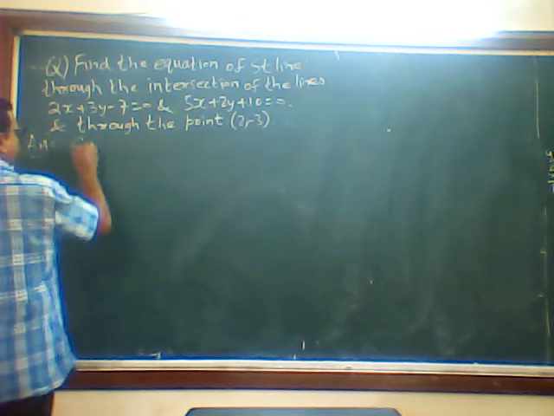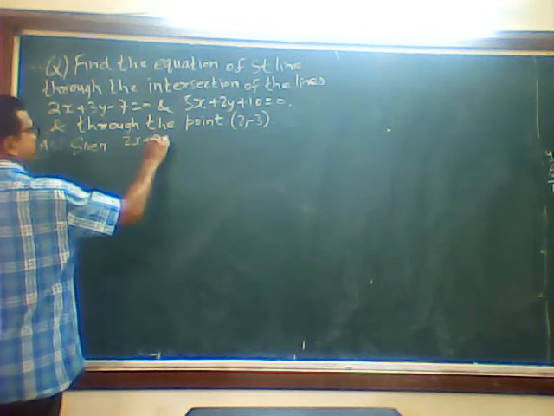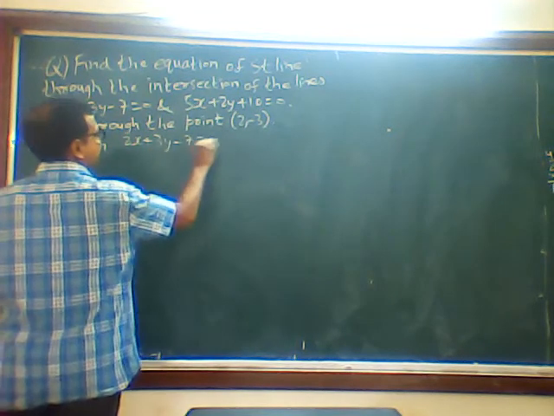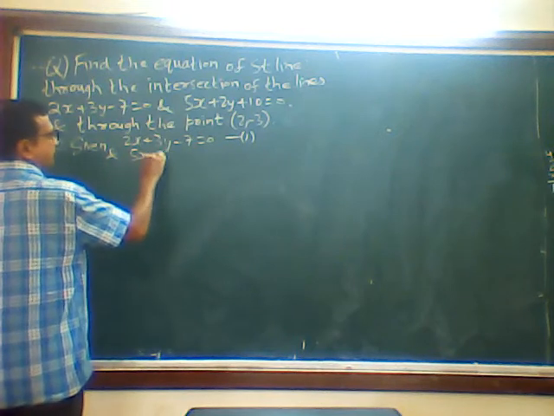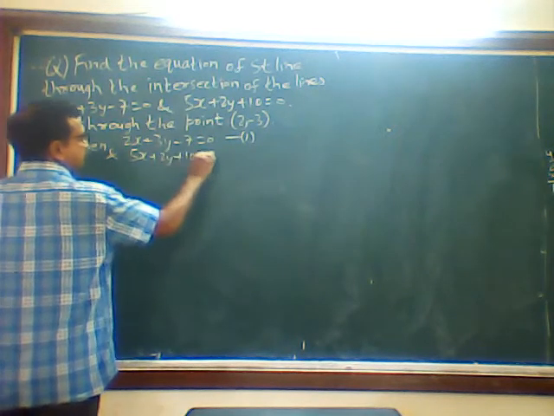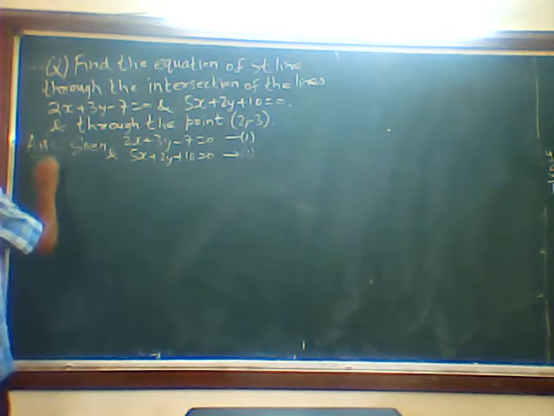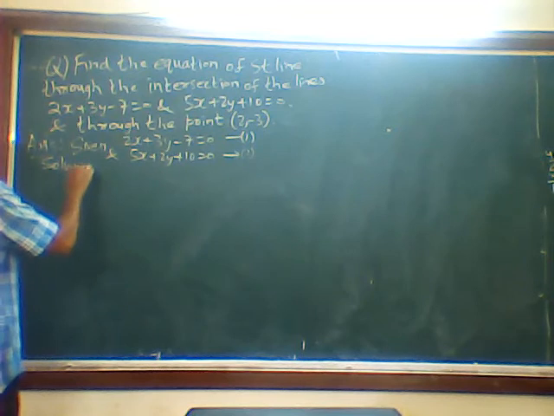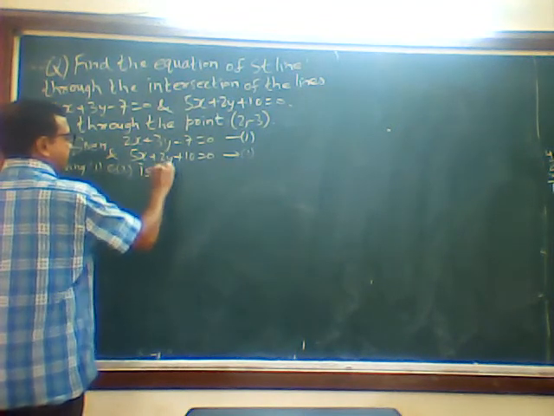So answer. First we will write what is given. 2x plus 3y minus 7 is equal to 0, equation number 1, and 5x plus 2y plus 10 is equal to 0, equation number 2. Again notice, we want to solve 1 and 2.